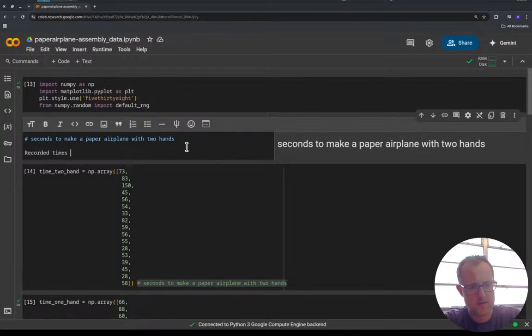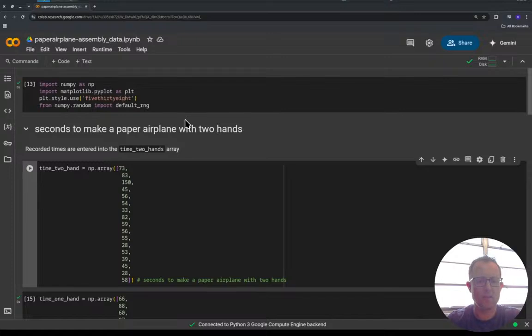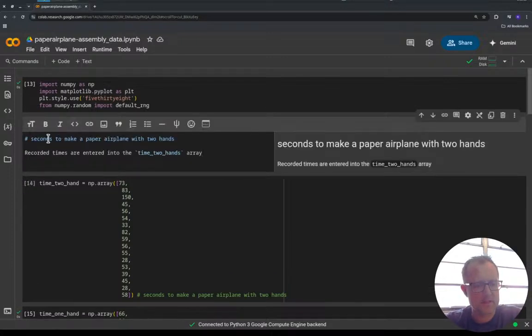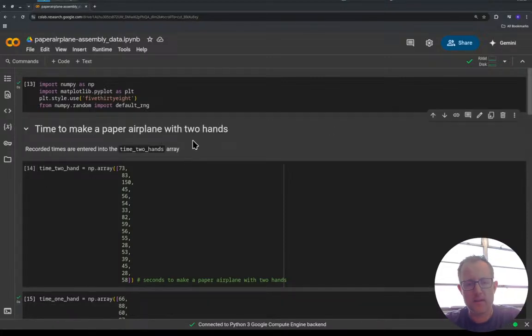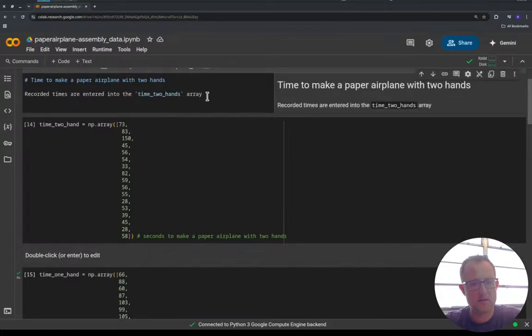Recorded times are entered into the time to hands array. There we go. Let's say time to make a paper airplane with two hands, and now we can add another text here.